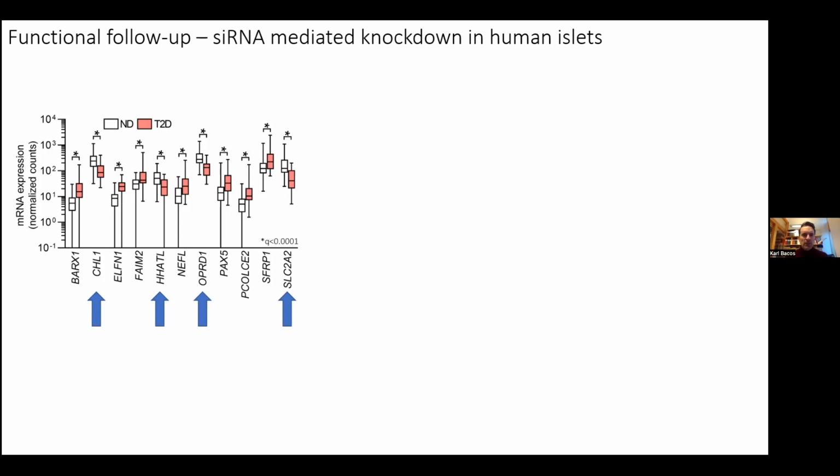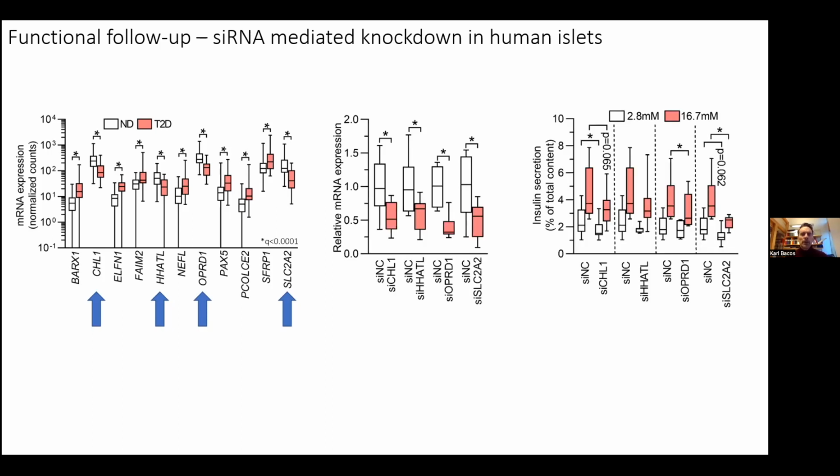So we mimic this by using siRNA-mediated knockdown in human islets. And the middle panel shows you the expression, qPCR, of these 4 genes after knockdown. You can see we significantly lower expression. And on the right, you see insulin secretion data from static incubations.